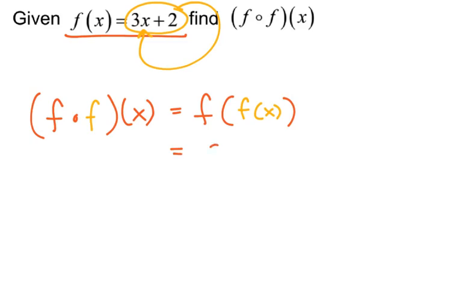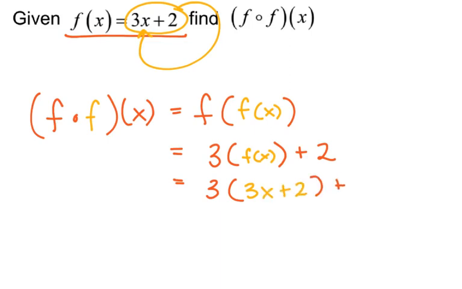So my function is 3x plus 2. Notice how I'm writing those parentheses, and what am I plugging into that function? I'm plugging in f of x. And f of x, of course, which is given, is 3x plus 2. So I have 3 times 3x plus 2, plus 2. Here we can simplify that. That's going to give us 9x plus 6 plus 2, or rather 9x plus 8.